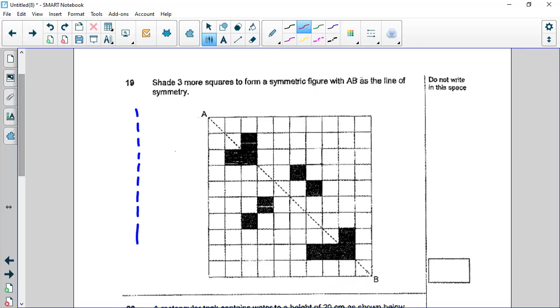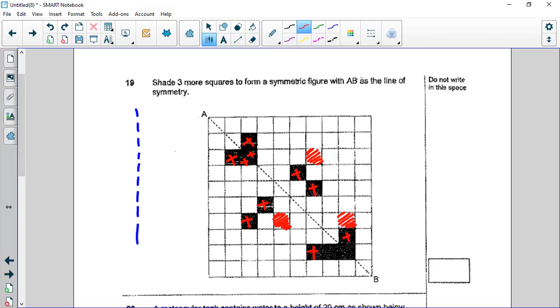Let me use a red color. There's a square here, there's a square opposite. Triangle, opposite also got triangle. There's a square here, opposite there's a square. And there's a square here, but opposite got no square, so must color. So that's one missing square. And there's a square here, opposite got no square, so have to color. Then there's a square here, opposite got no square, so must color.